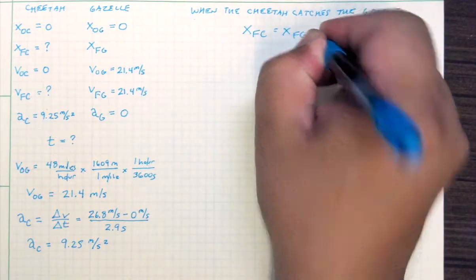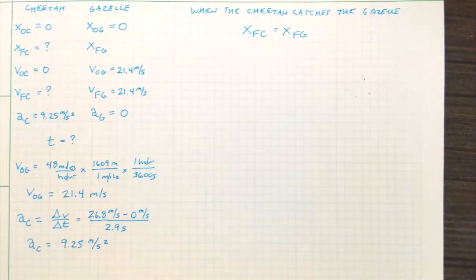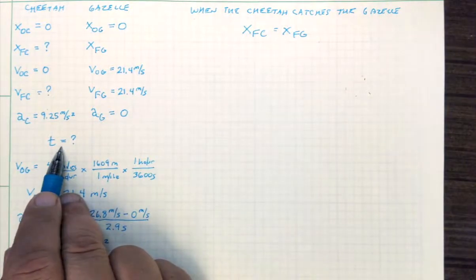That is the condition of the cheetah catching the gazelle. And so, if we can create a situation where their final positions will agree, we can simulate the end of the chase. And this will help us answer the first question, finding the time.